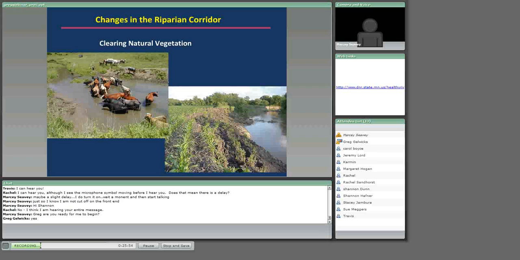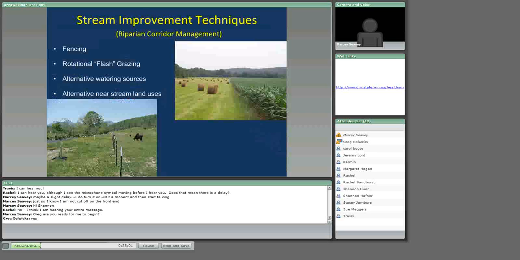There are several improvement techniques in riparian corridor management. Some of them deal with fencing, rotational or flash grazing, alternative watering sources for cattle so they don't need to get their water from the stream, and also alternative near-stream land uses that can be incorporated.